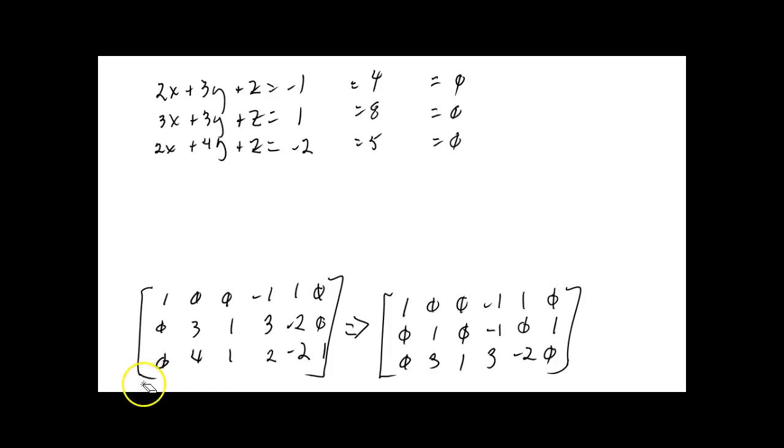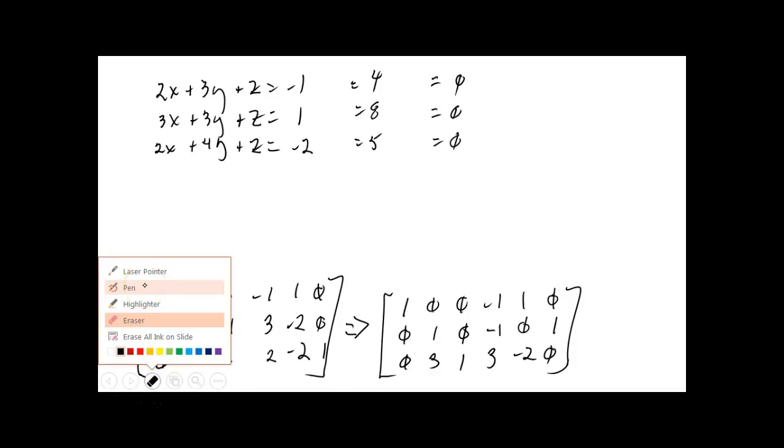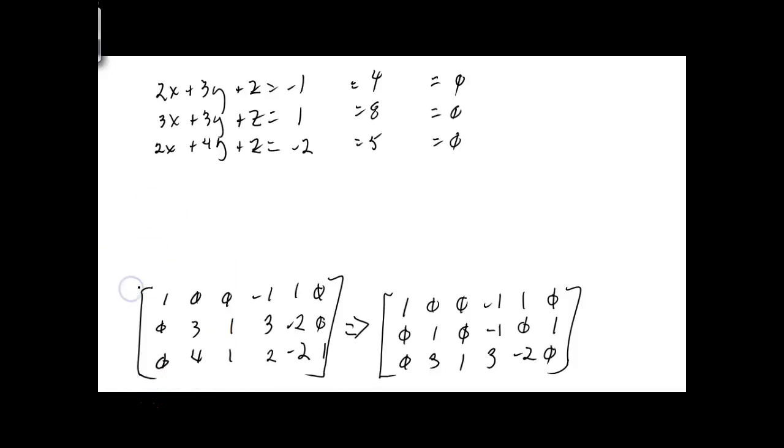You're probably through by now, but I'm still erasing. Okay, there we go. So it's minus 3 row 2 plus row 3.